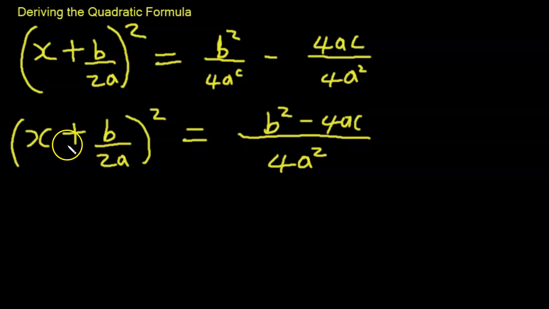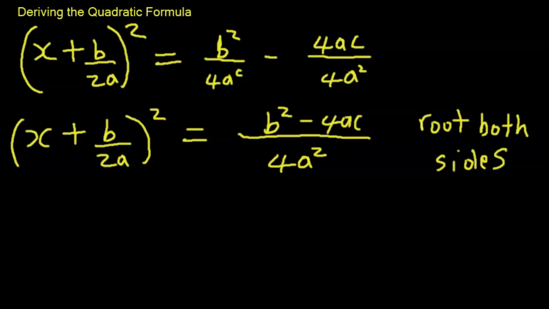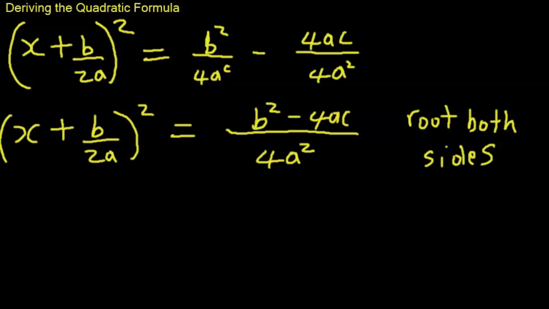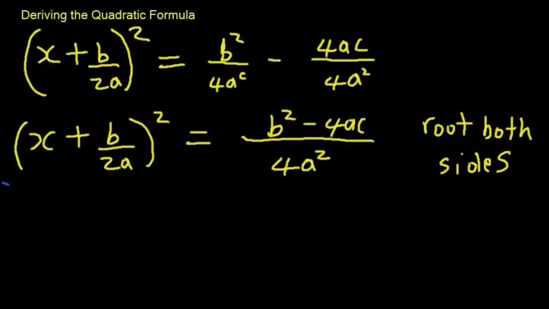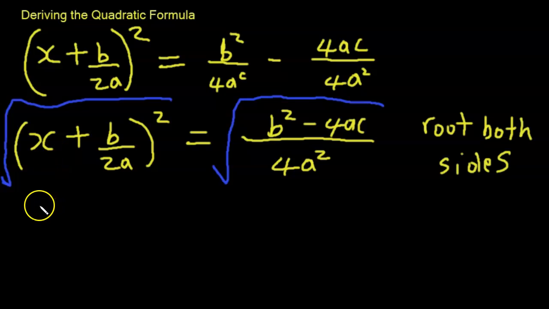Now we're solving for x, so we need to get rid of the square, and we do that by taking the square root of both sides of the equation. So we end up with that.